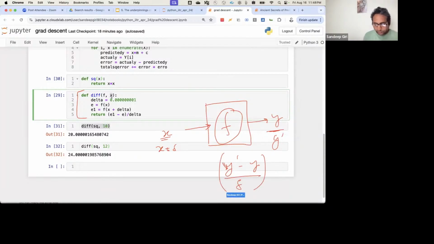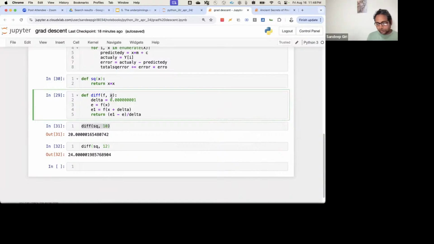Delta is how much we increased. Everybody okay? Yes, got it. So this is probably the simplest definition of differentiation, or derivative. It's essentially the rate of change of output with respect to input. Is everybody okay with this definition?